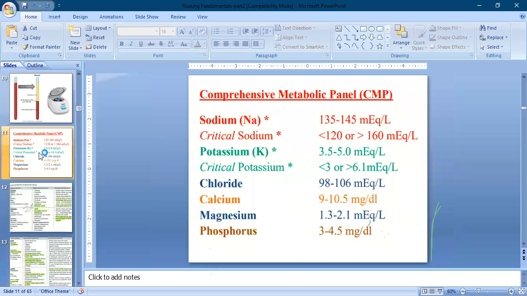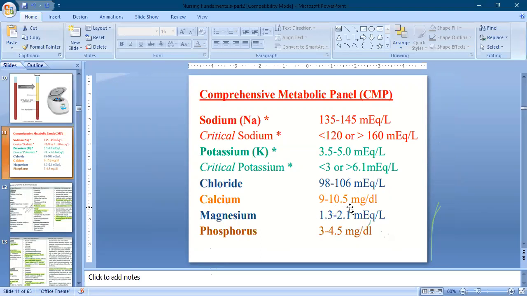Now the next one is calcium. Calcium, magnesium and phosphorus are very important components for bone mineralization or equal distribution. The calcium normal range is 9 to 10.5.